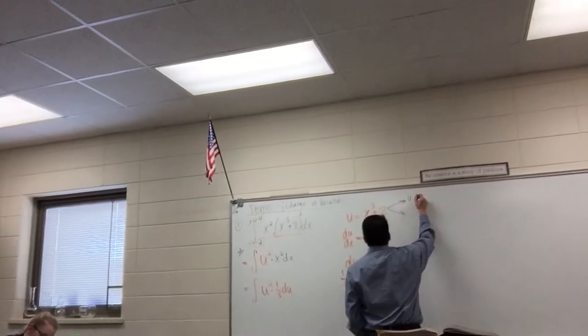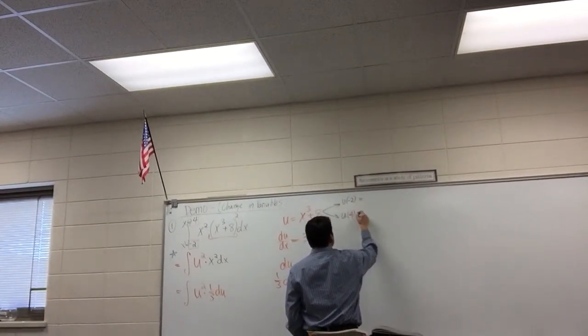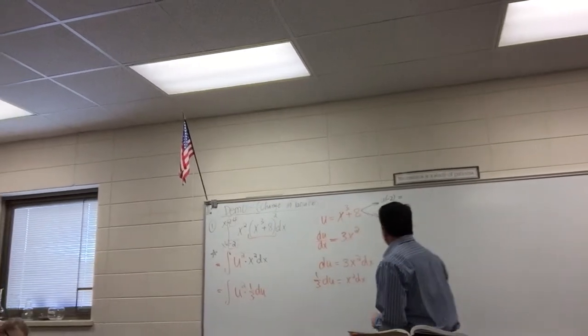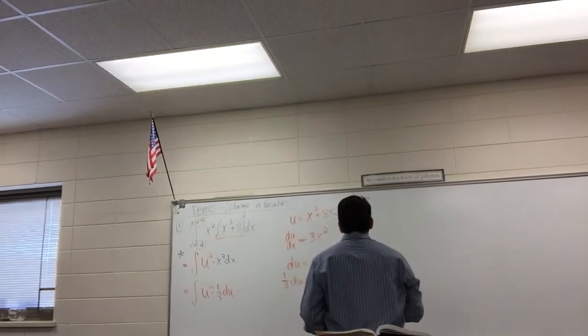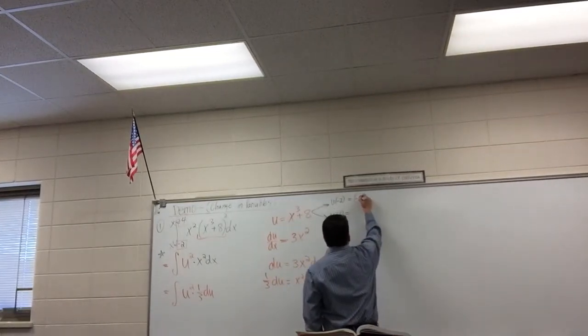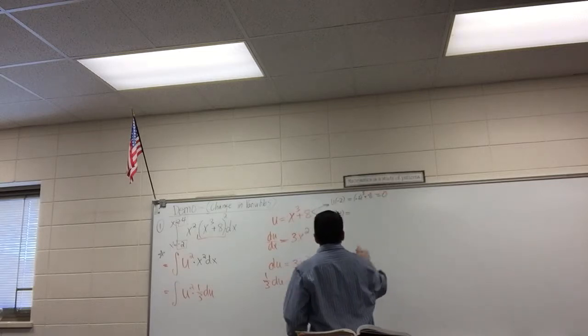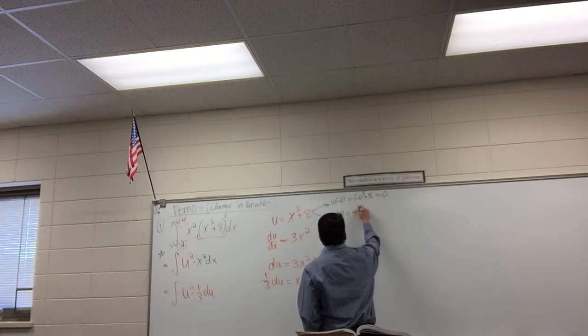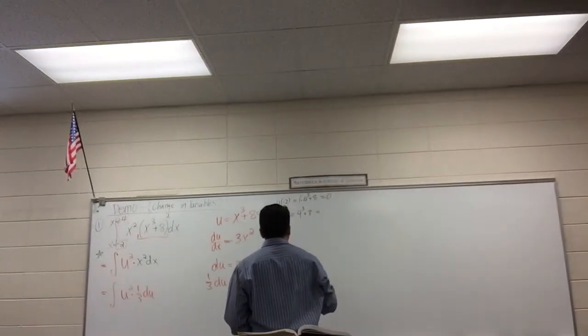So what's U of -2 and U of 4? We just have to figure out what those answers are. This is -2 cubed plus 8. That's 0. This is 4 cubed plus 8. 72 is good.